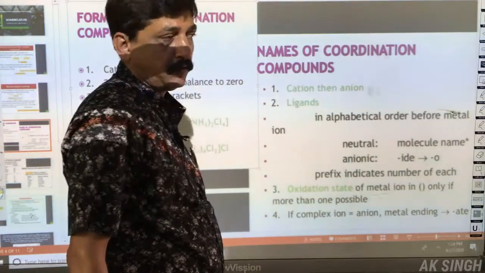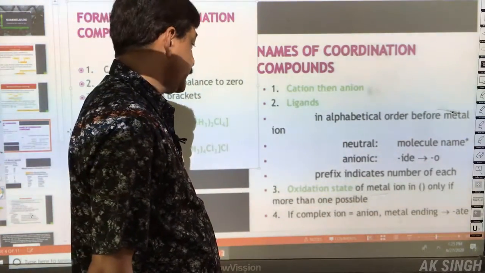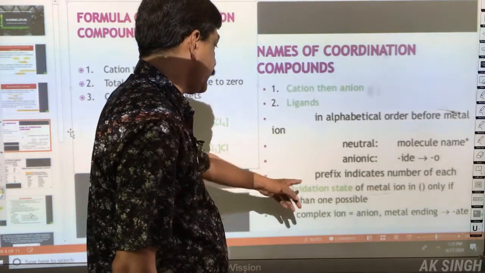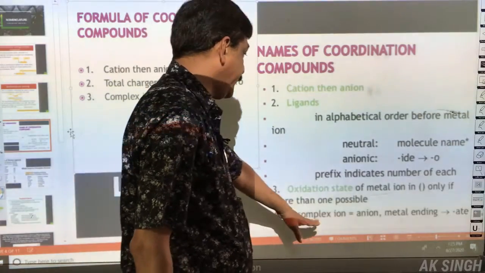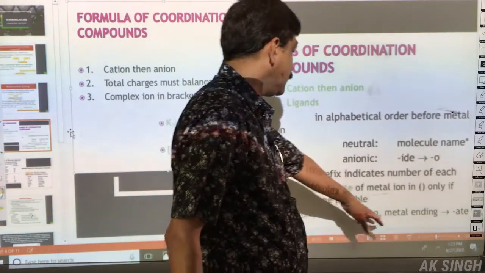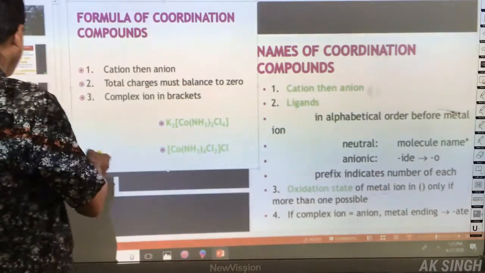Oxidation number, you have been taught in class 11th also to calculate the oxidation number. The same way you have to find out the oxidation number of the central metal atom. And in the anionic complex, the metal ends with the suffix ate. Let us move to another slide.